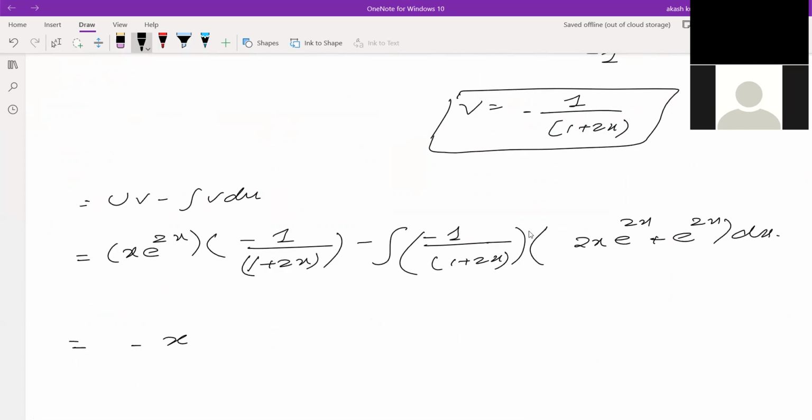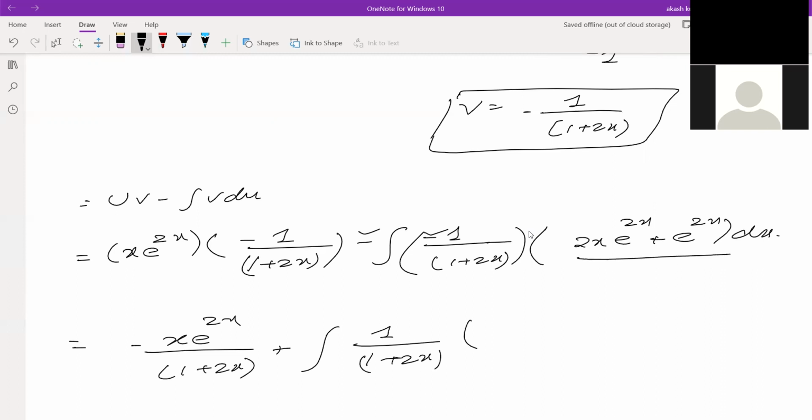So it becomes x e raised to the power 2x divided by 1 plus 2x, minus minus becomes plus, so plus the integral of 1 over 1 plus 2x.